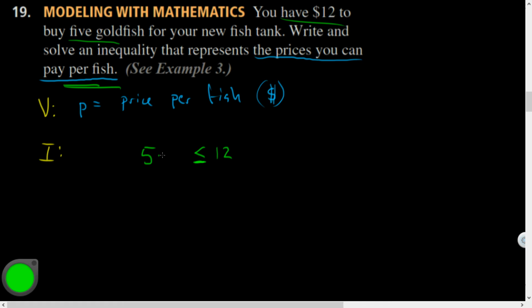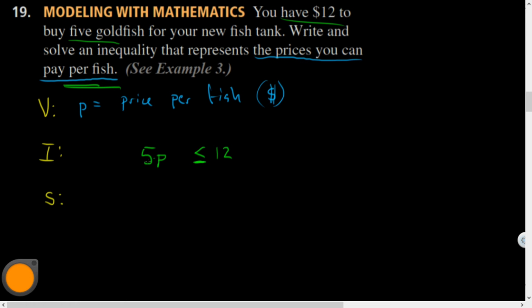So I'm going to do 5 times P. P is the price per fish, 5 is the number of fish, and if I multiply those, this is the total amount I spend on fish. You guys agree with that? Getting used to writing the word problems, equation or inequality is usually the hard part. Now, as far as solving that goes, you guys are experts.